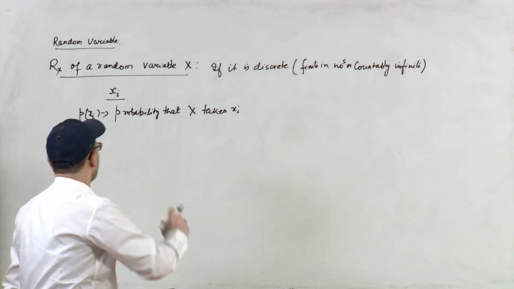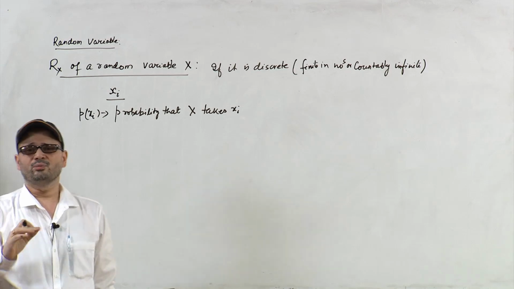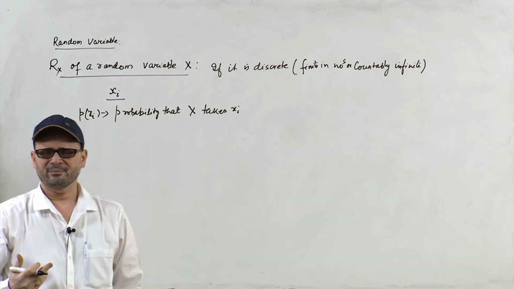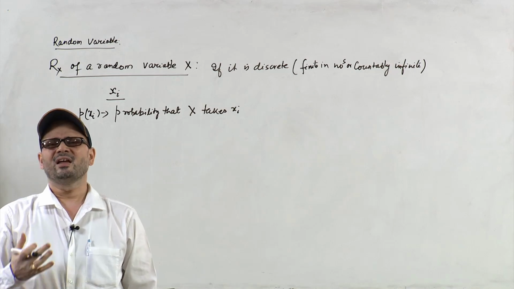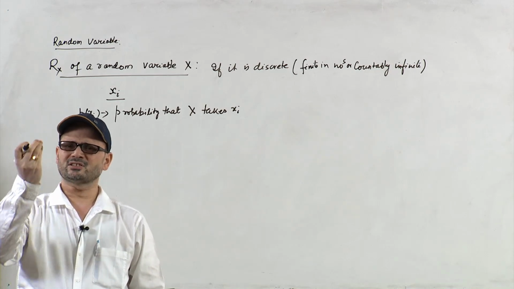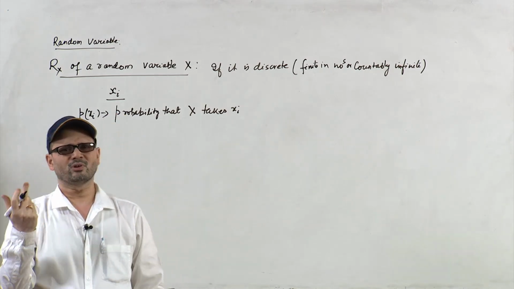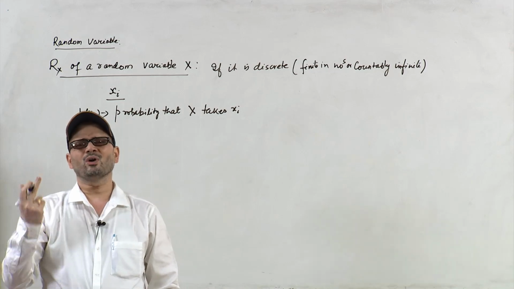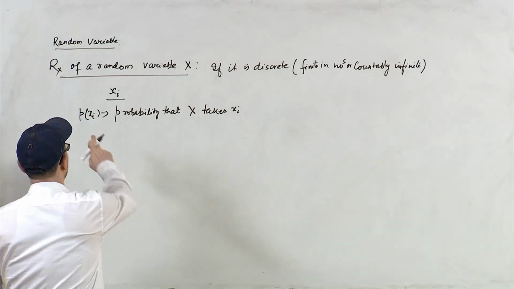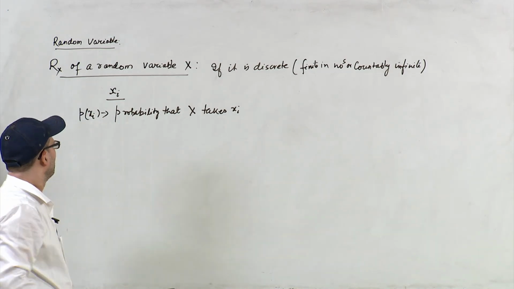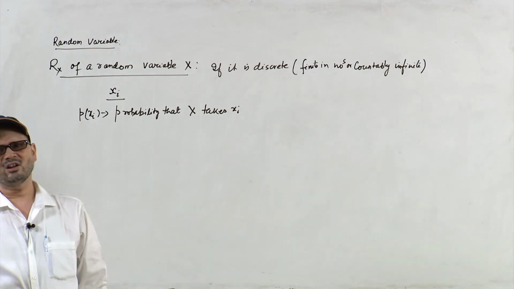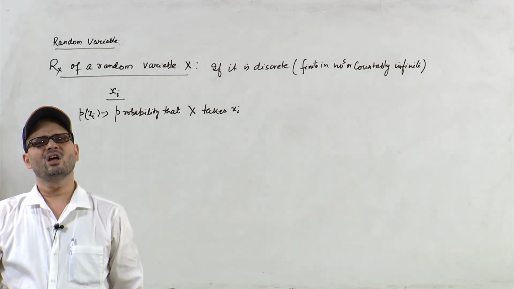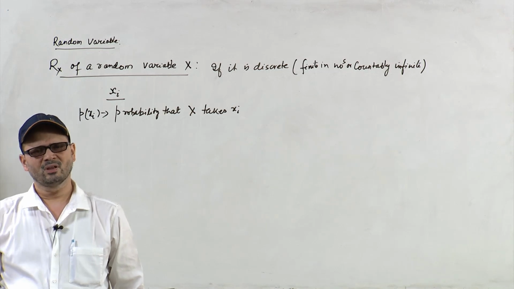Now, as we know, we toss a die. If we look at the probability in the normal case, any face coming to the top has probability 1 by 6. So, 1 by 6 is the probability value, and xi is either 1 or 2 or 3 or 4 or 5 or 6.